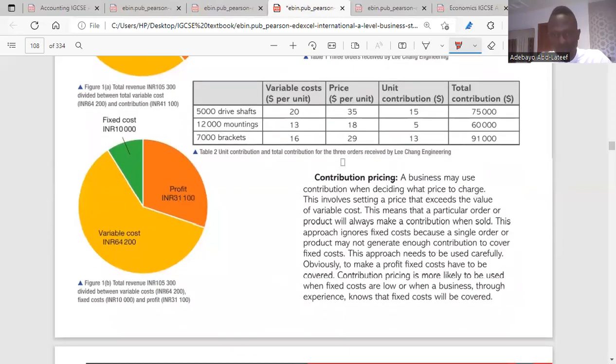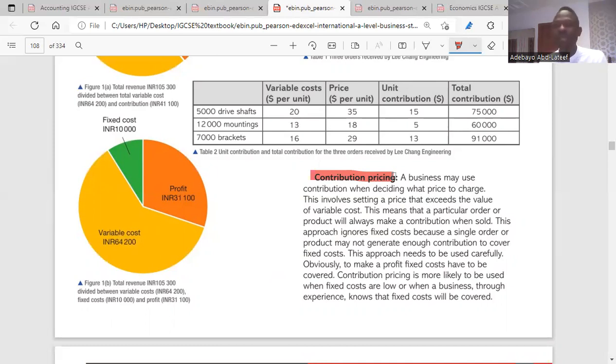Then we go to contribution pricing. For contribution pricing, what does that imply? We are thinking about the price at which we have to charge our product. Why do businesses think about contribution pricing? They want to charge a price that will exceed the variable cost.